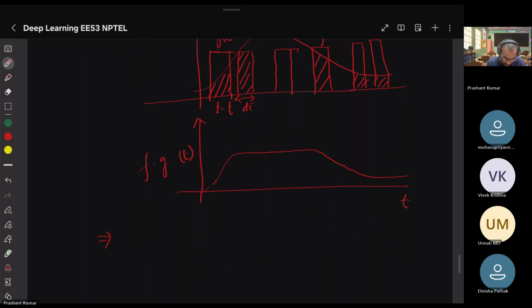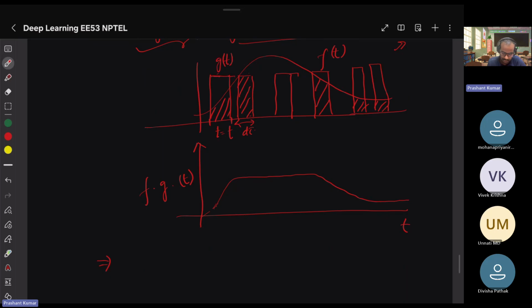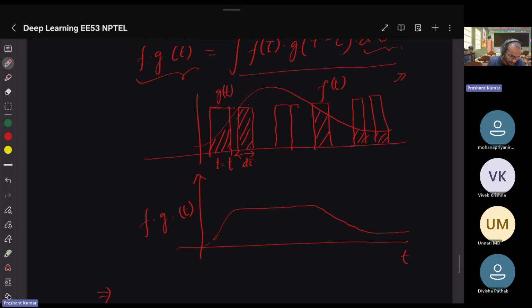If you have to write it in a discrete way, this function is denoted in a way that these are the points that you have plotted over time, like a scatter plot.